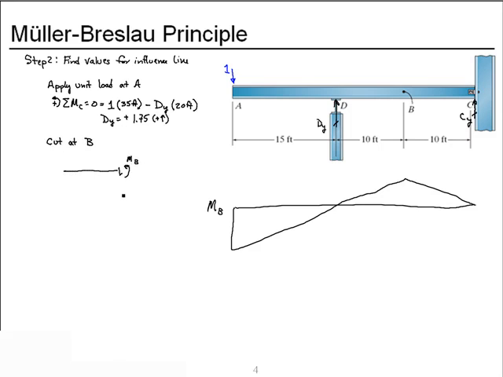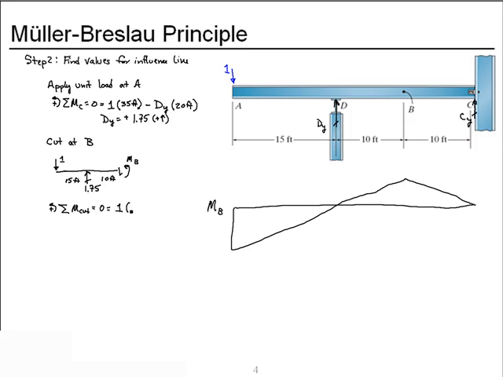Now I'll cut it at B because we need to calculate the moment at B. I'll keep the left piece for my free body. I have my vertical reaction at D, my applied unit load. This is 15 feet. This is 10 feet. We have our unknown shear at the cut. Let's sum moments at the cut. Again, we'll choose counterclockwise as positive.